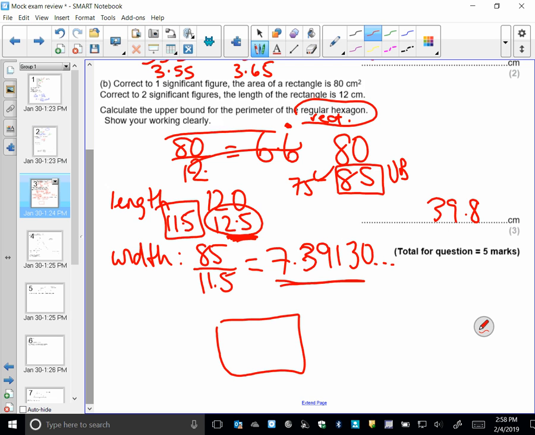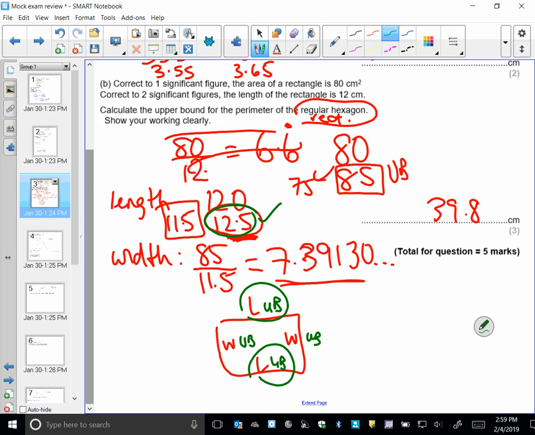To find the perimeter of a rectangle, we have 2 lots of length, 2 lots of width, and we add these numbers together, yes? That's how we find the perimeter of a rectangle. If I want to know the upper bound of that perimeter, I need 2 times the upper bound of the length and the upper bound of the width. The upper bound of the length, we've just established, is 12.5.